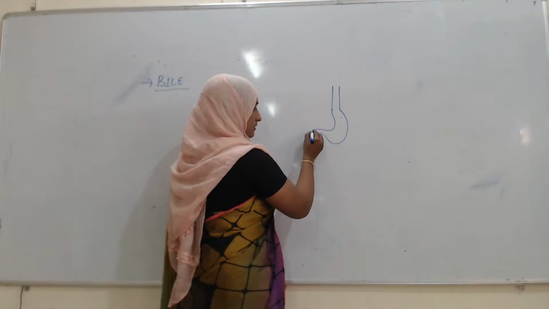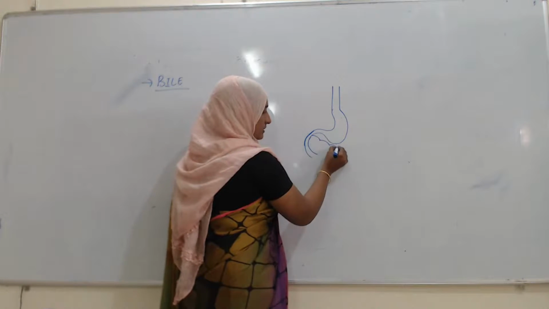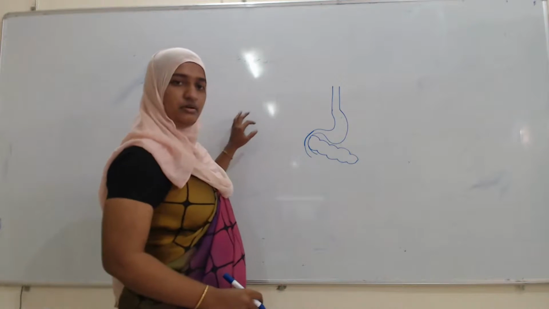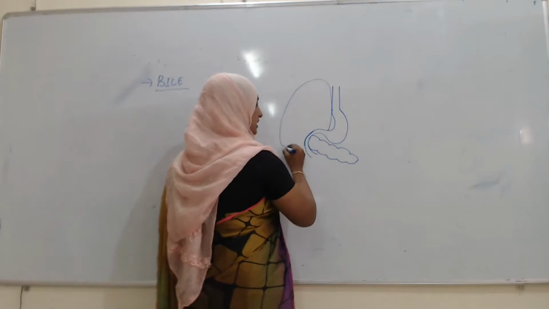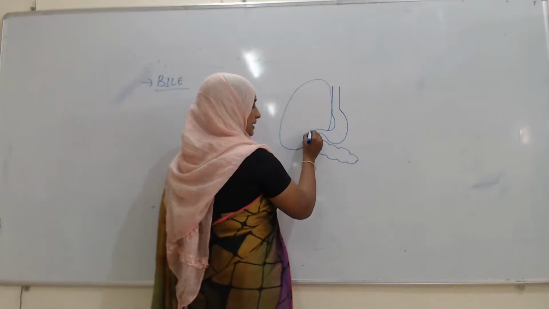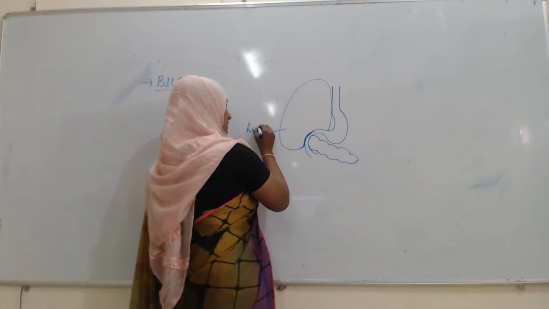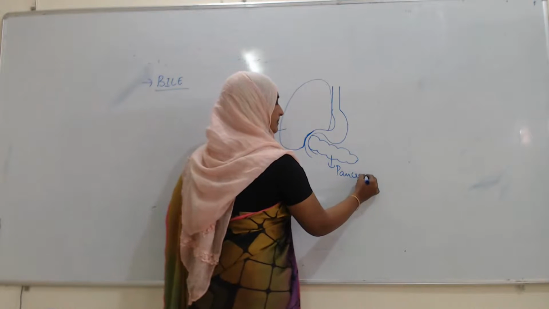Here there is the presence of the pancreas. Then here the largest gland will be there, that is the liver. This one is the liver and this is the pancreas.